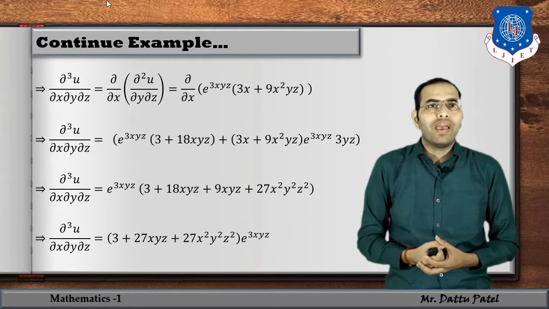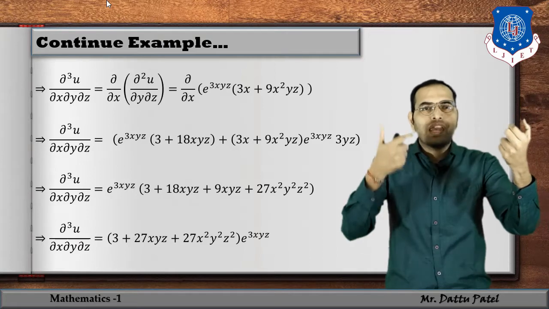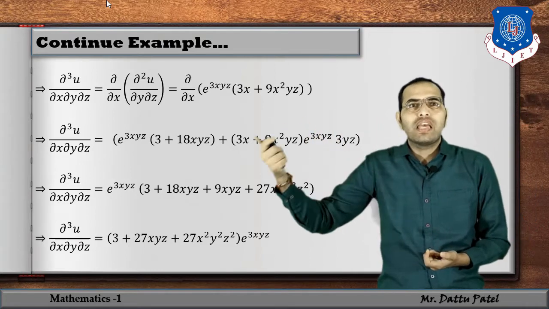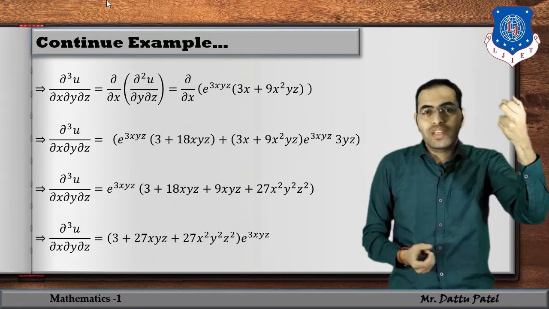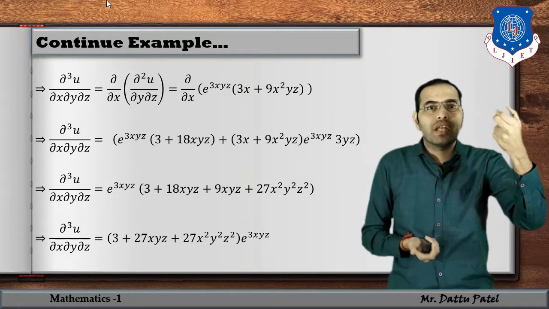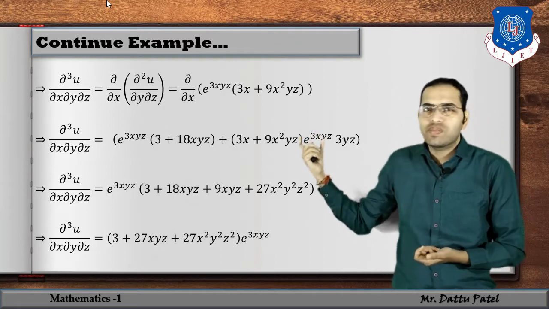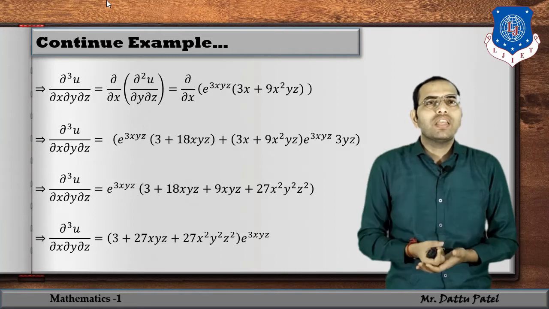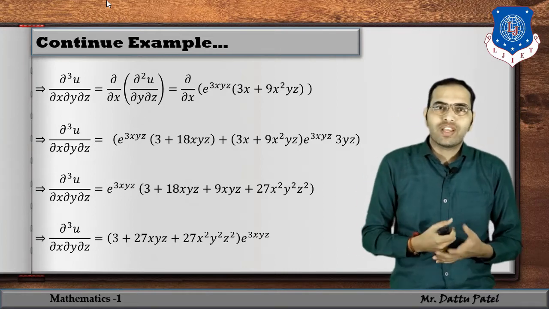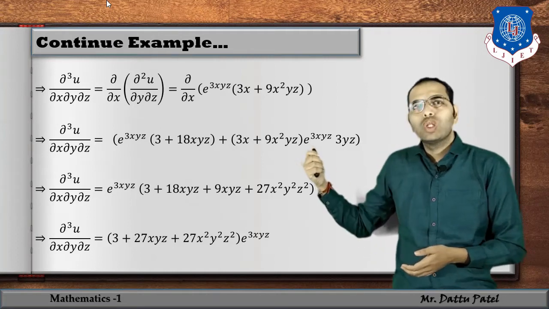Again we have to apply the product rule: u as it is times derivative of v, plus v as it is times derivative of u. Here e raised to 3xyz as it is times the derivative of v, which is 3 + 18xyz, plus v as it is, that is 3x + 9x²yz, times the derivative of e raised to 3xyz with respect to x, which is e raised to 3xyz into 3yz.